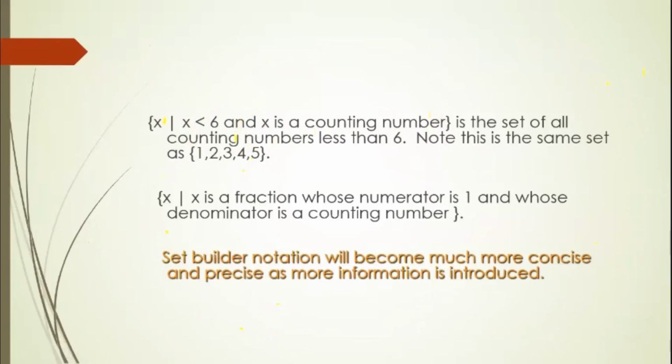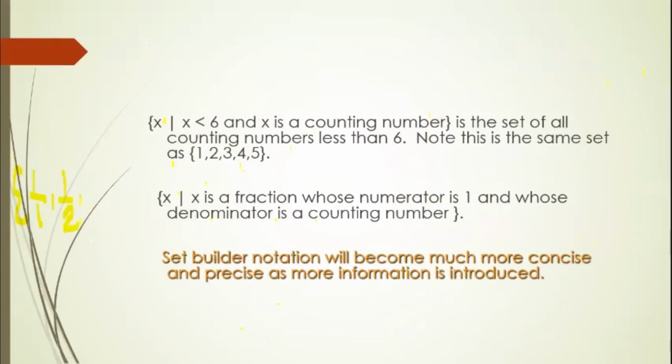Next, what if you are asked to express this set builder notation into a roster method? {x | x is a fraction whose numerator is 1 and whose denominator is a counting number}. Let us start our list with 1/1, 1/2.